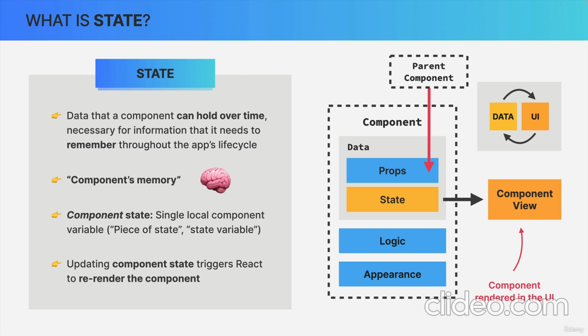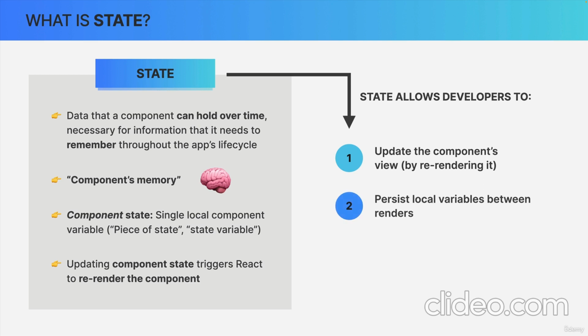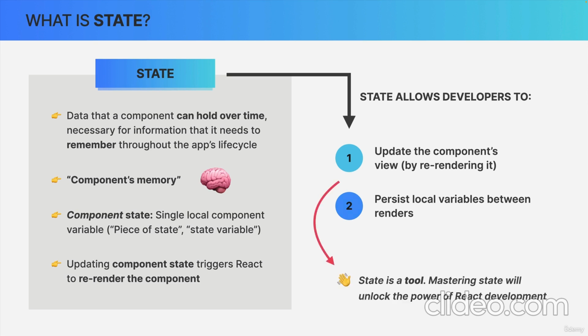So, summarizing, state allows developers to do two important things. First, state allows us to update the component's view by re-rendering the component. So it gives us a way to change part of the UI. Second, state allows developers to persist local variables between multiple renders and re-renders. So if you think about this, state is basically a tool.